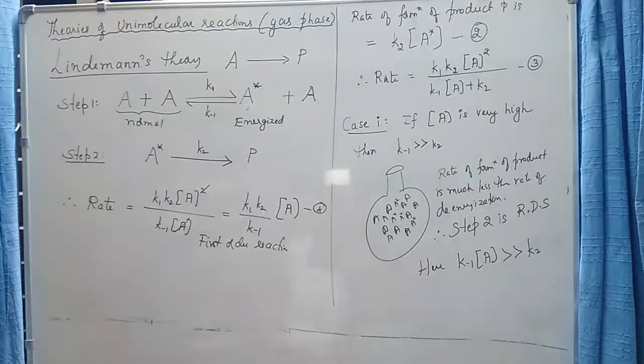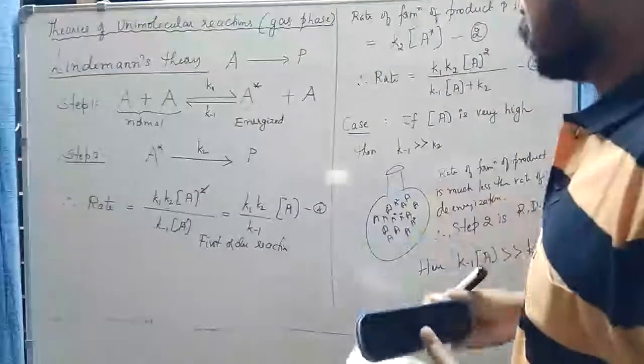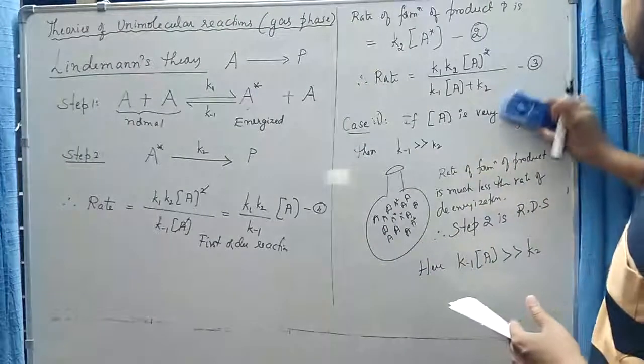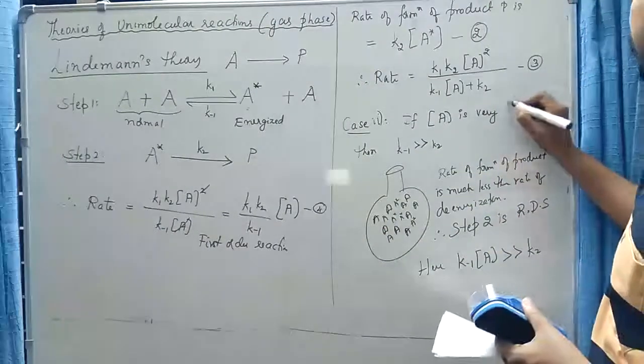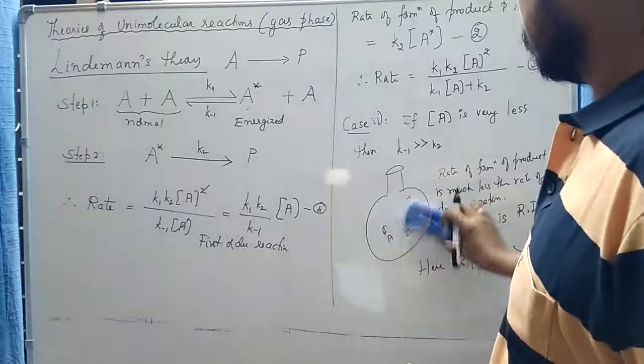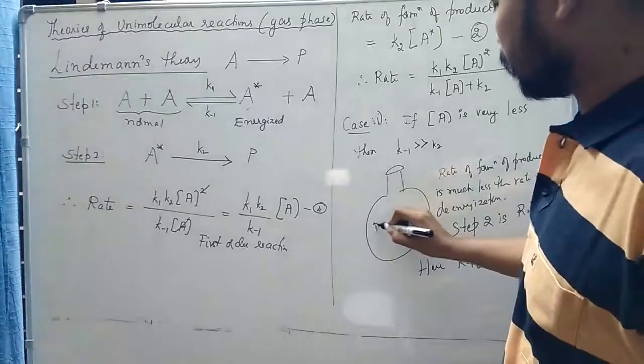Now let us consider the second case. What happens if the concentration of A is very low? The second case, if concentration of A is very less. So diagrammatically, it is something like this.